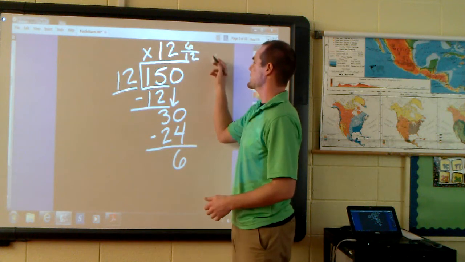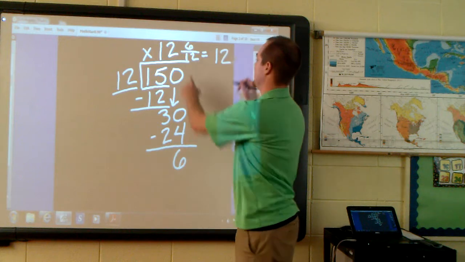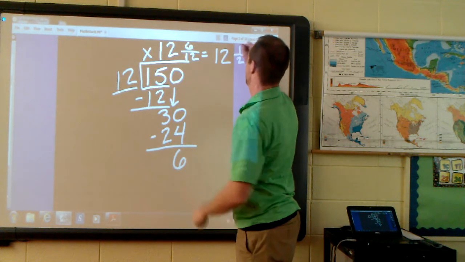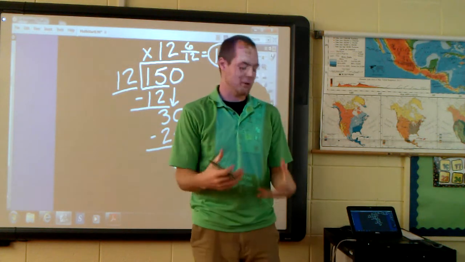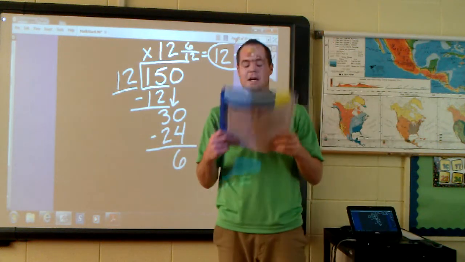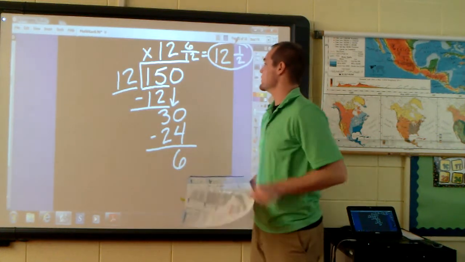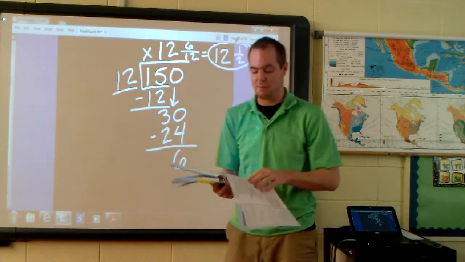I notice that the 6 is half of the 12, so this mixed number is equal to 12 and 1 half. And that you, of course, will write down on your answer sheet. See if I got it right. Yes. Excellent. We're going to write our quotients as mixed numbers, and then we're going to reduce that mixed number.